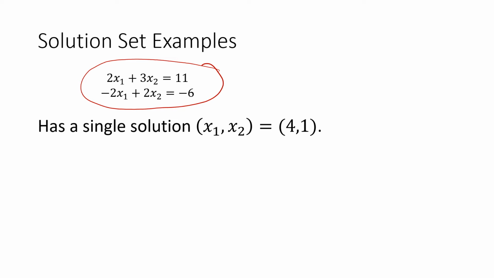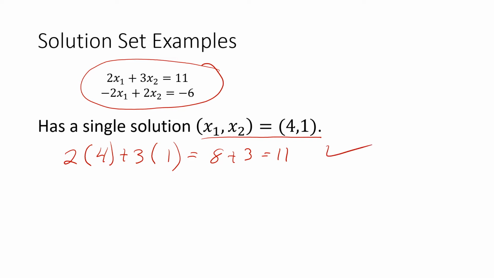Well, let's double check this. Take the first equation, 2 times x1, I'm claiming that x1 is equal to 4, plus 3 times x2, which I'm claiming x2 is equal to 1. Multiply them out, I get 8 plus 3, that equals 11. That checks out, that matches what I have up here. Now my second one, minus 2 times 4 plus 2 times x2 is 1 in the solution set.